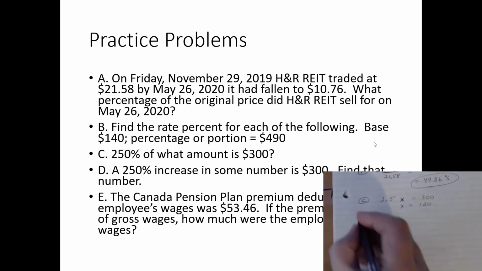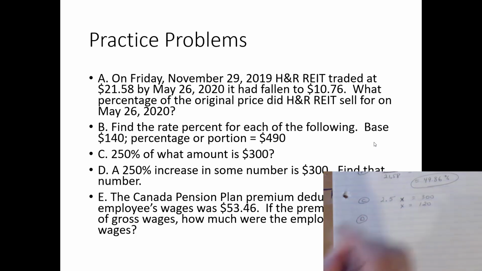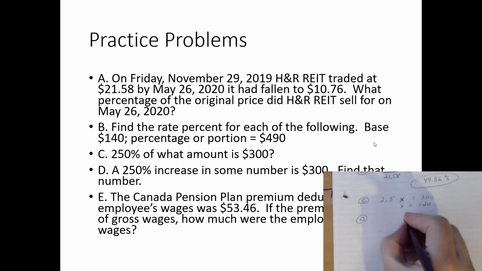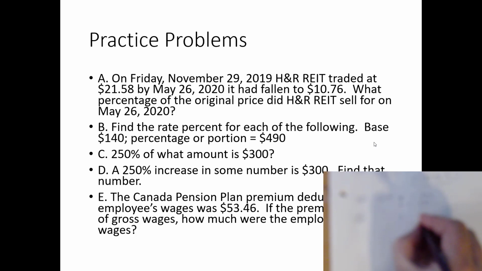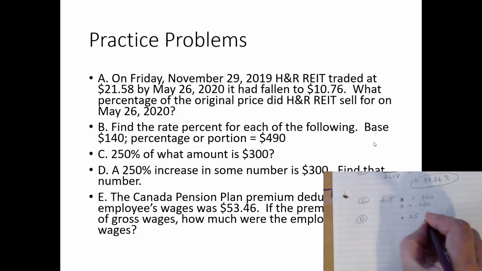Okay. Look at D. D is a 250% increase. Ooh, that means I'm adding stuff, right? Remember way back to unit number 2. I'm adding 2.5 in some number, so I must multiply it by that number. But it's an increase, so I must have started with something.